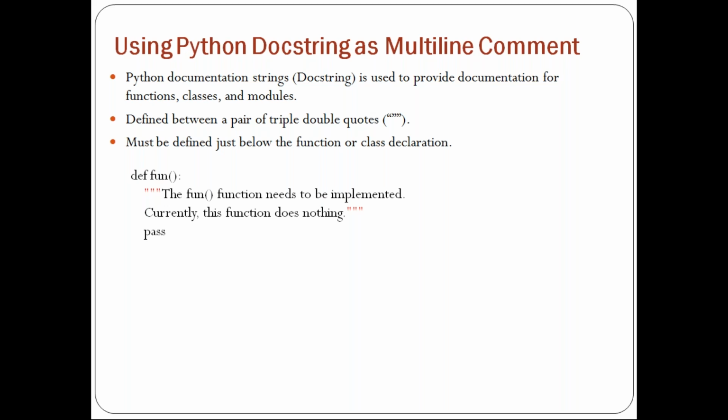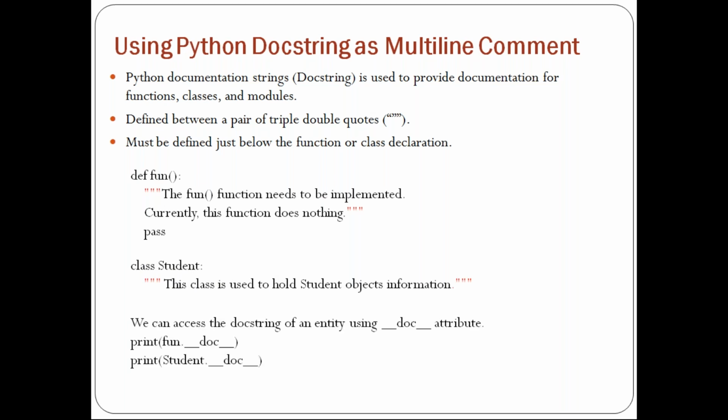And that was kept inside triple quotes, and this will be considered as a string literal. We can have this docstring as multi-line commenting, but it is not a recommended one. Let us say we have written a class called student, and we give the description of what this class student is holding, what kind of information will be given by this student.